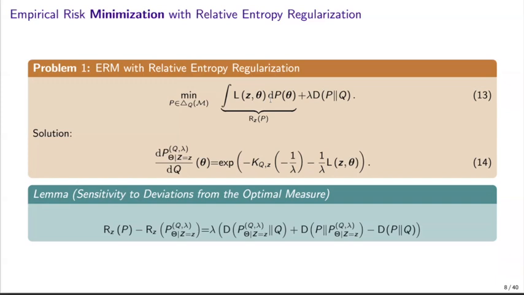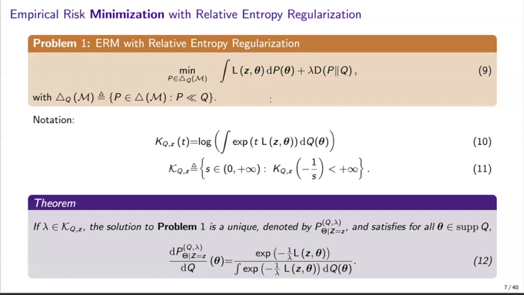So KQZ, if I understand correctly, is the moment generating function of the loss with respect to your prior distribution Q. So you want to really, in some sense, minimize this over Q so that you decide a good prior. I mean, not really minimize. Well, this contains all moments, so I don't know what to do. But is that the intuition? Is that correct? No. Well, we can develop that idea indeed.